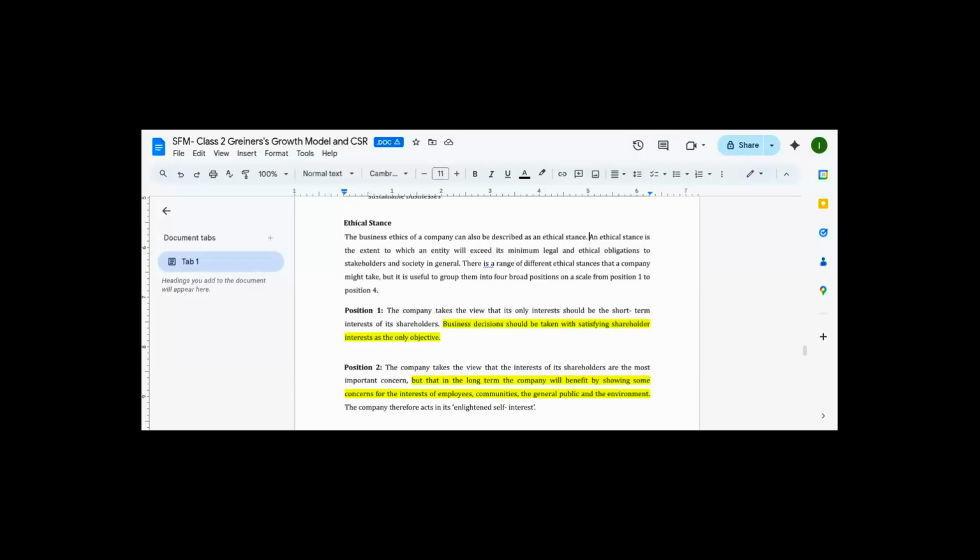Again, ethical stance, because at times you say I'm too fast: it is the extent, the degree to which an entity will exceed its minimum legal and ethical obligations to stakeholders and society in general.